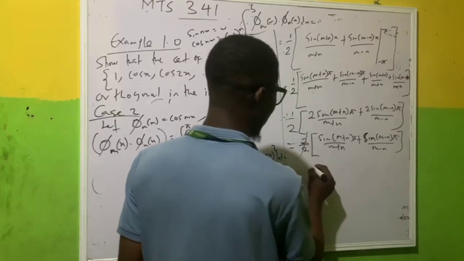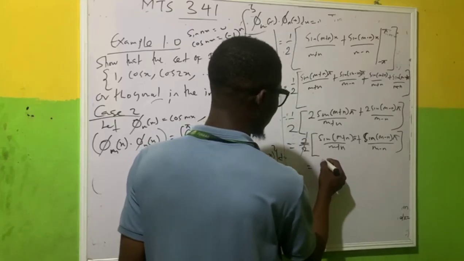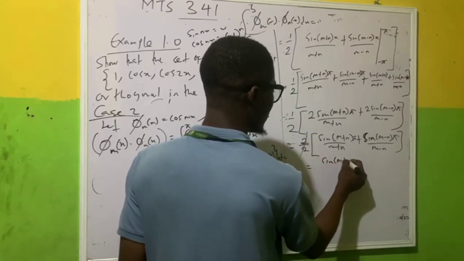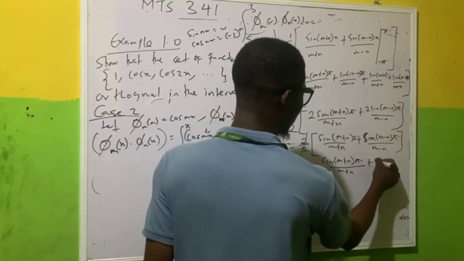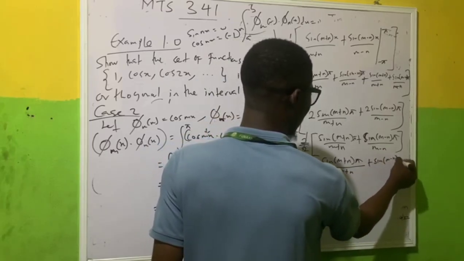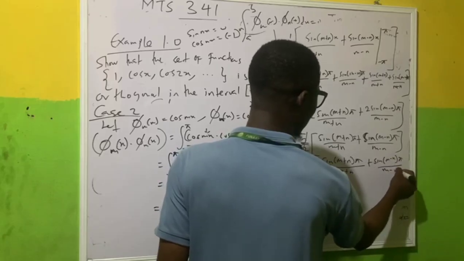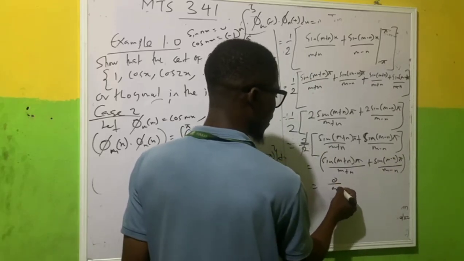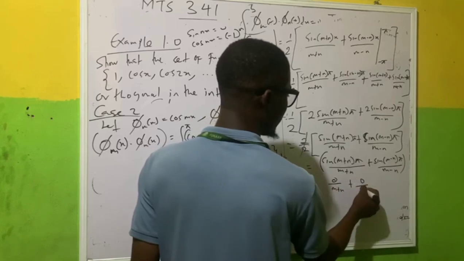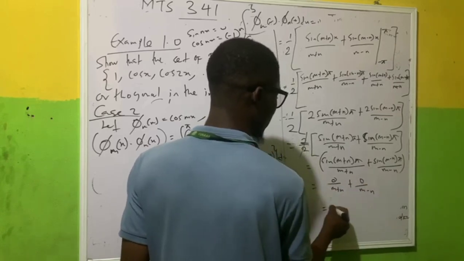So this one is gone like this. So we're having left sine into bracket m plus n pi over m plus n plus sine into bracket m minus n pi over m minus n. Alright, so no stress. So automatically this is 0 divided by m plus n plus 0 divided by m minus n. So automatically saying that it is 0.